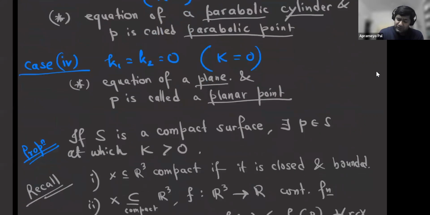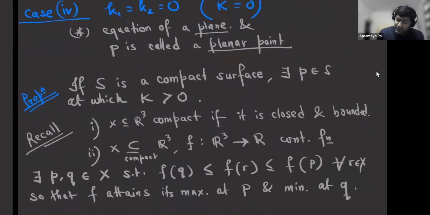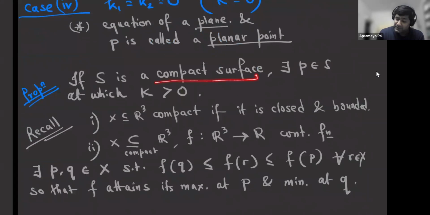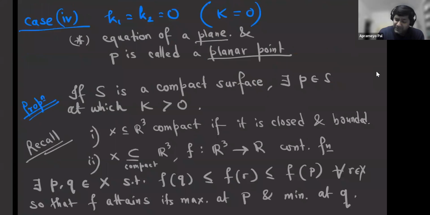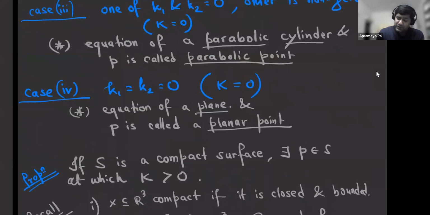Then we found a very nice proposition: if S is a compact surface, then there exists a point P in S at which K is positive. In other words, there always exists an elliptic point.